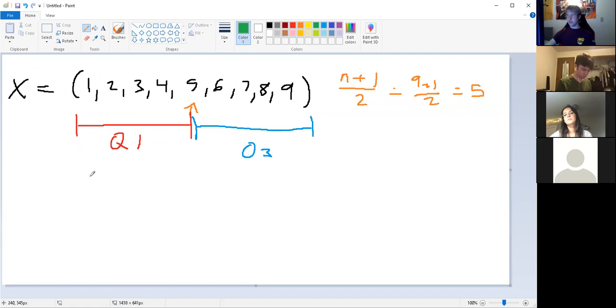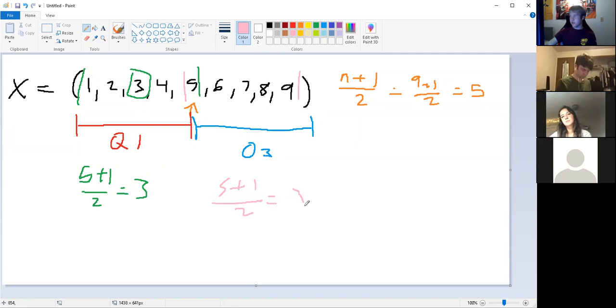Including the middle point, the bottom half of our data is 5 plus 1 over 2, so the third value is where you're doing the quartile from. Same thing for the upper half: the third value, 1, 2, 3.